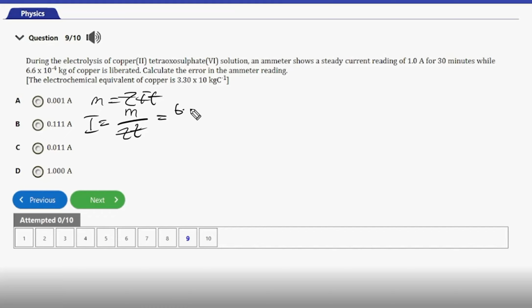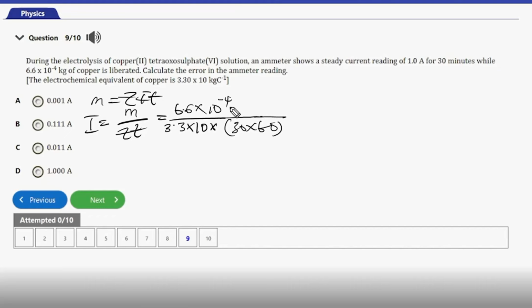So that's 6.6 times 10 to the power of a negative 4 here, and this will be over Z, is given to us here already as 3.3 times 10, and then we're going to multiply this by the time, which is given to us in minutes. So we have to convert this time from minutes to seconds, and that's by multiplying it by 60. So that will be 30 times 60.